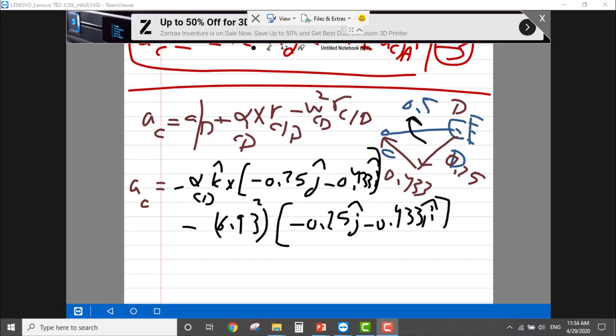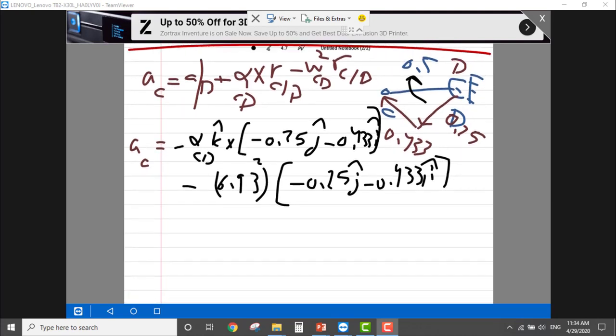Okay, let us make it simple. We start with minus alpha CD cross product. K cross product J is negative I, and we have three negatives, so we end up with negative 0.25 alpha CD, so this is minus 0.25 in the I direction.